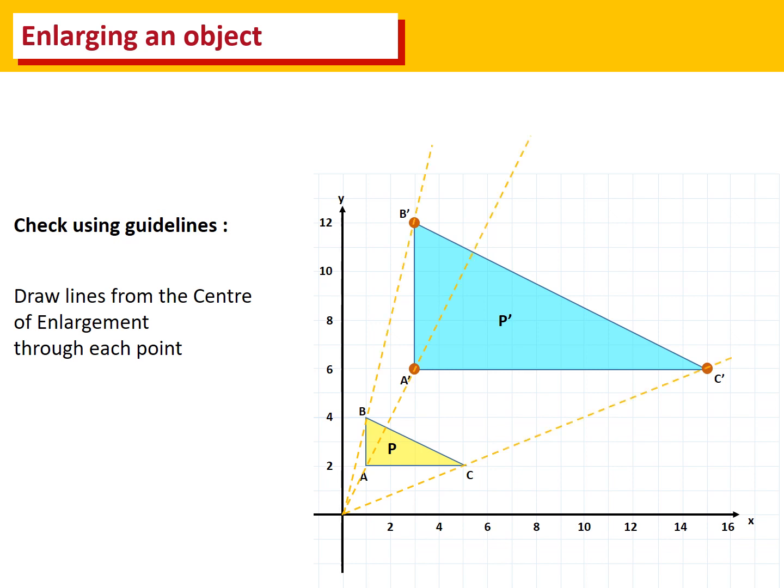So if we look at this being the centre of enlargement here, the origin, if we join the origin to point A and keep going, we find it passes through A dash. From the centre of enlargement through point B, if we keep going, the line will pass through B dash. And similarly, from the centre of enlargement to point C, if we keep going, it passes through C dash.